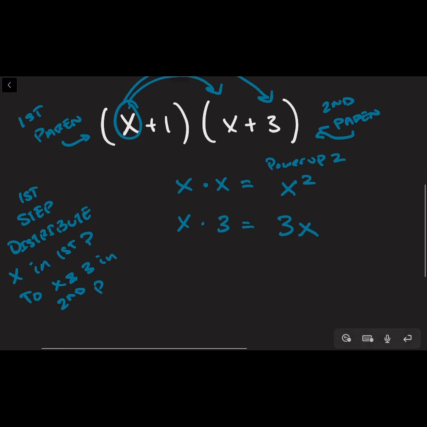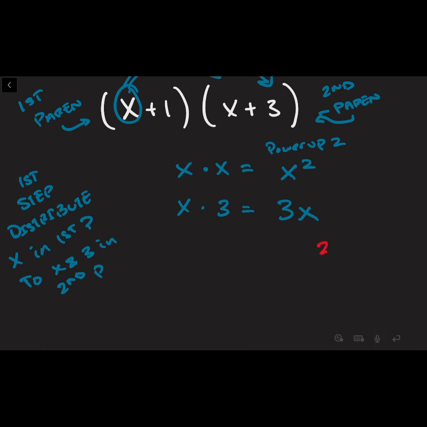The next step, the second step of the day, is we're going to distribute our 1 in the first parentheses to our x and our 3 in the second parentheses.